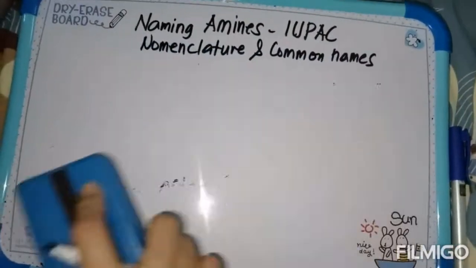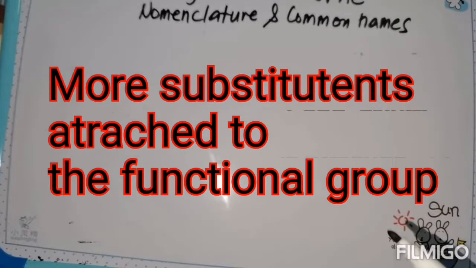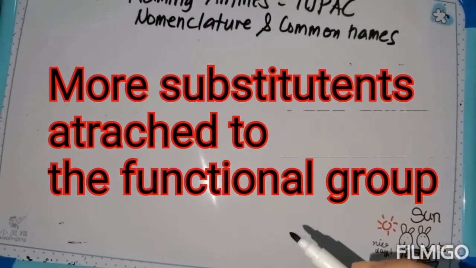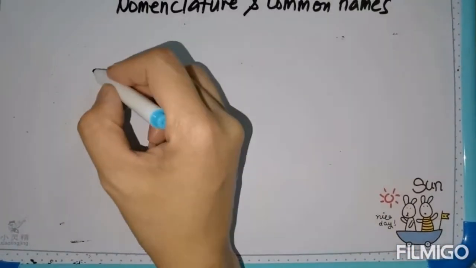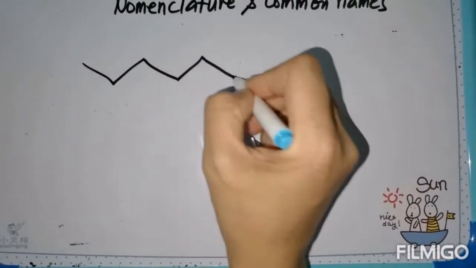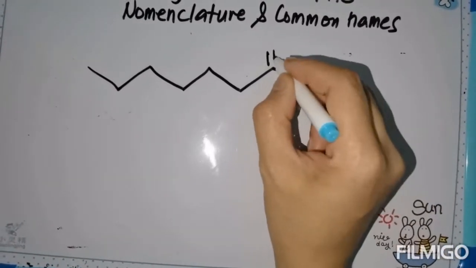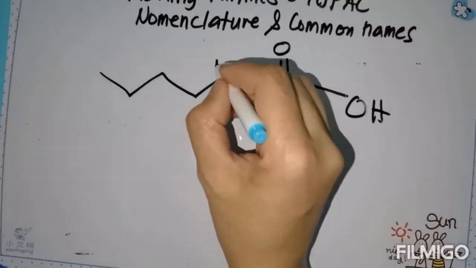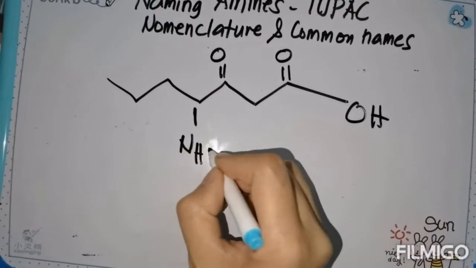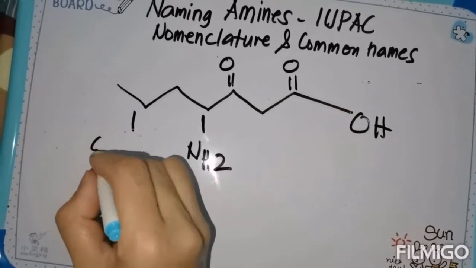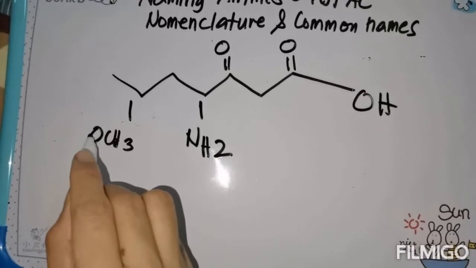One more example, guys, is what if we have more functional groups? Let's try more functional groups attached to one long carbon chain. So for example, we have an alcohol, a carboxylic acid, and a ketone, and also we have here an amino, and also we have here a methyl with an oxygen.